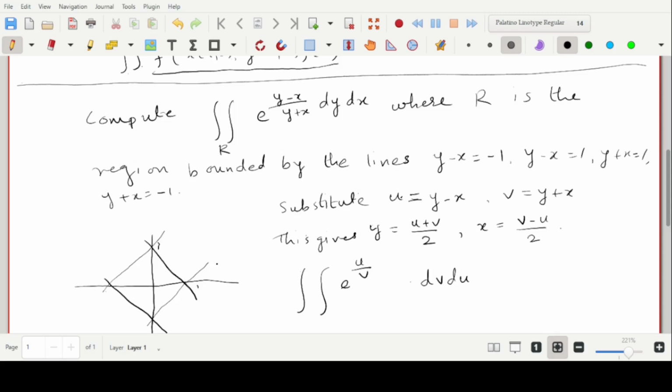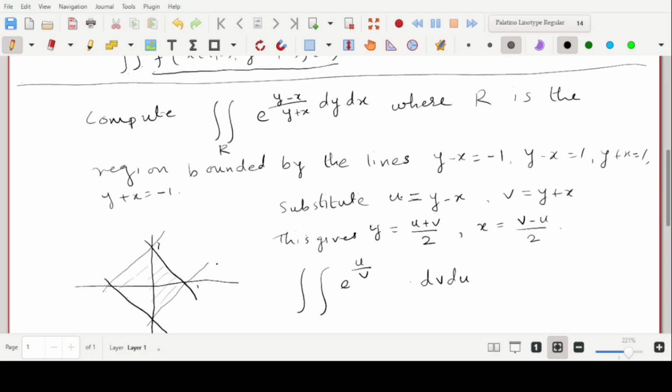But also we have to find out the limits of integration. Now observe, what are the limits of integration of v? v is y plus x, and the region is bounded between y plus x equal to -1 and y plus x equal to +1. So it is between these two parallel lines.